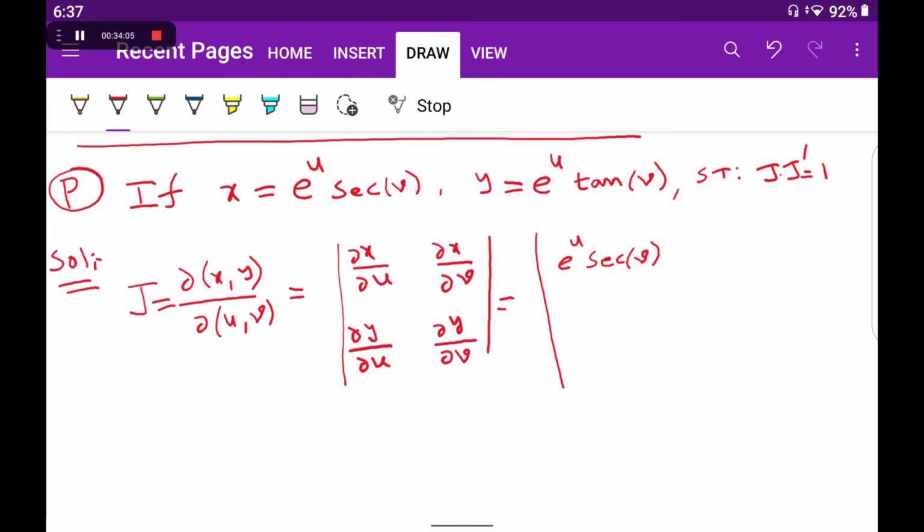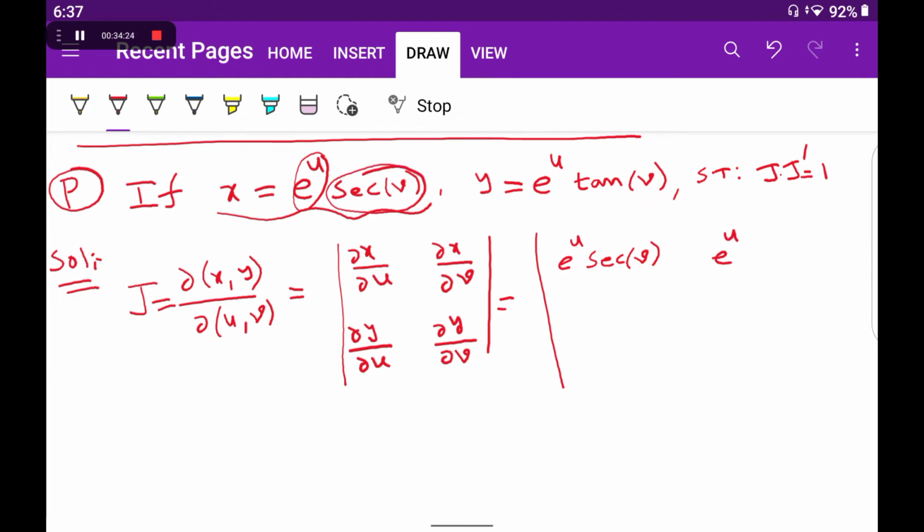And dou x by dou v, differentiating x with respect to v: now e power u is constant, and the derivative of secant v is secant v tan v.